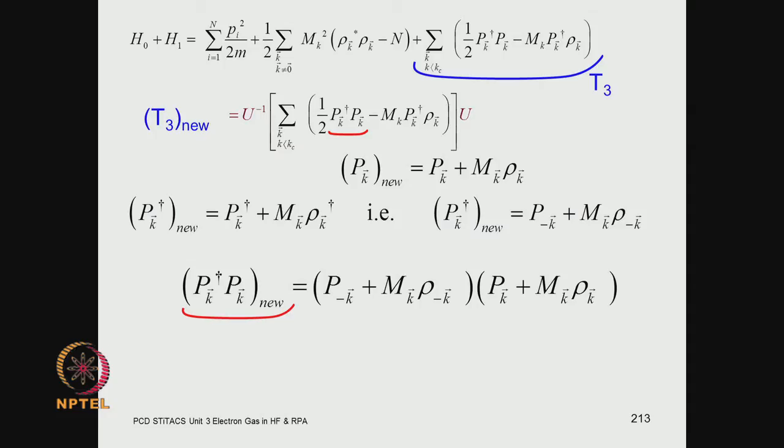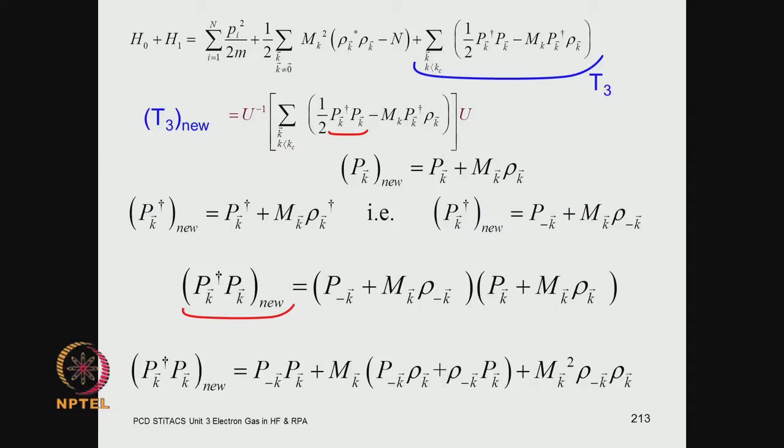So, this is the new P dagger P and you expand these terms. You have got P minus k P k, then you have got m_k which is common from this term and this term, and the last two will give you a term which is quadratic in m.